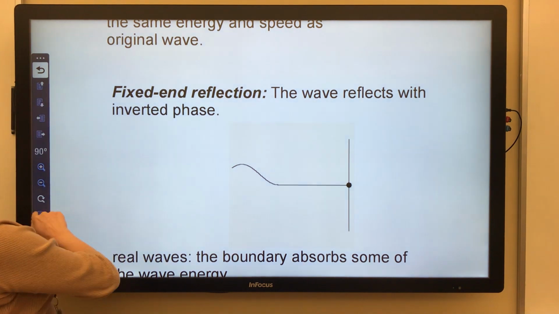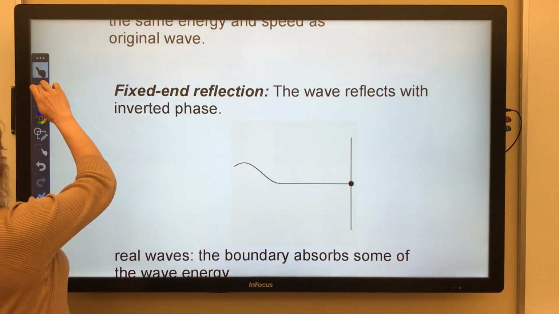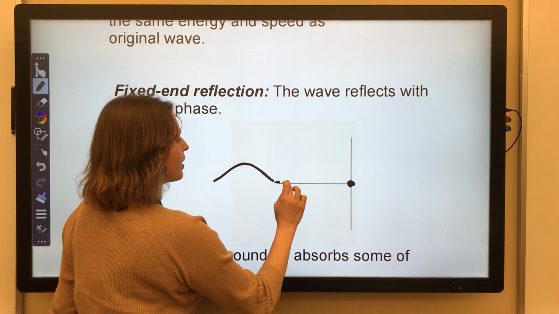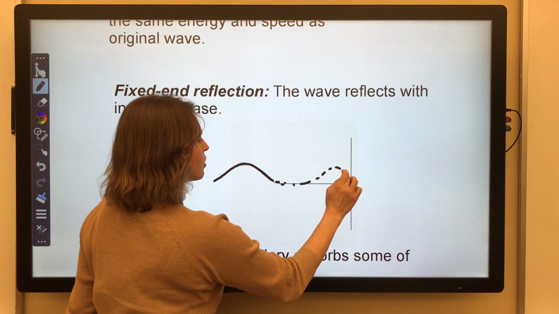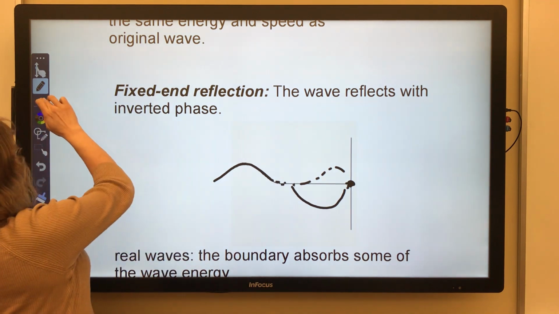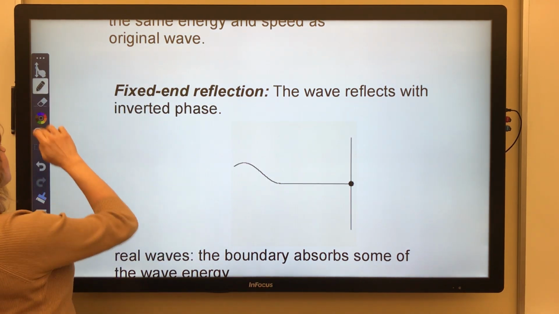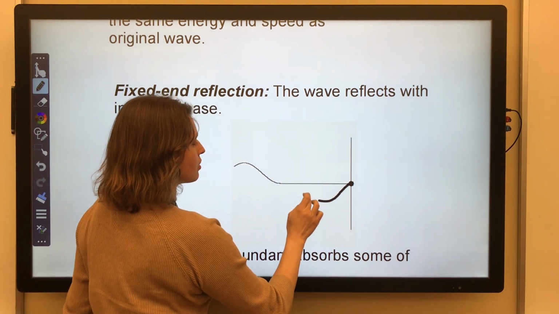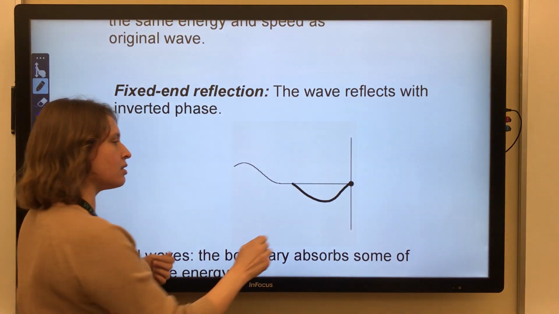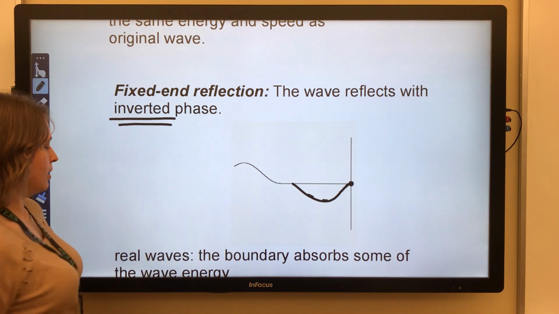For example, if I have a string tied in a knot against a surface, and this knot can't move, as this wave propagates in and gets closer and closer to this surface, when it bounces off, it will invert. You'll see this in simulations, and you can see it too if you try it out. You can take a string, tie it to the end of a chair or something, and you can actually see this effect. This wave will invert when you have a fixed end.